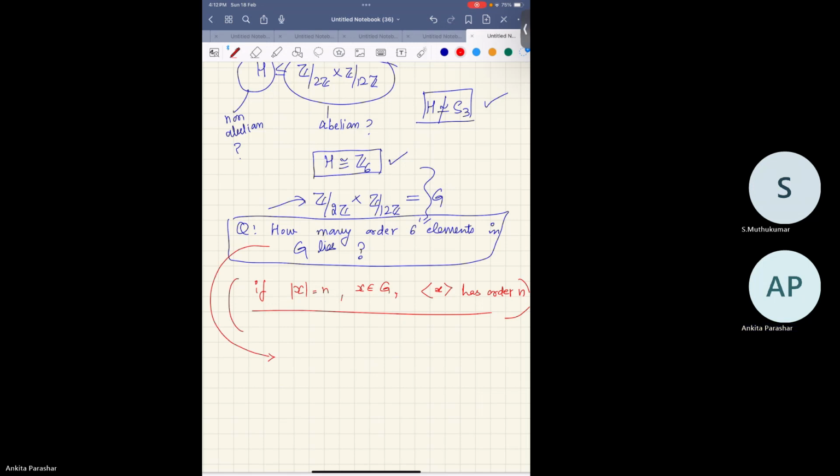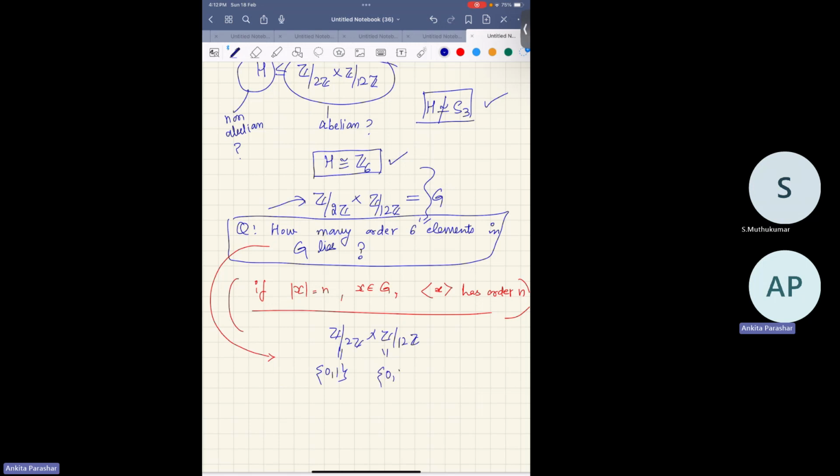However, there is a possibility that two elements can generate the same group. You understand? Let me write it, okay? So our group is Z2 cross Z12. Here the elements are 0, 1.